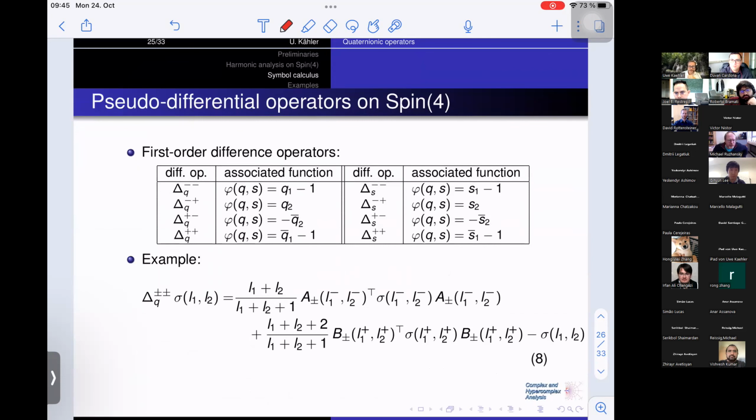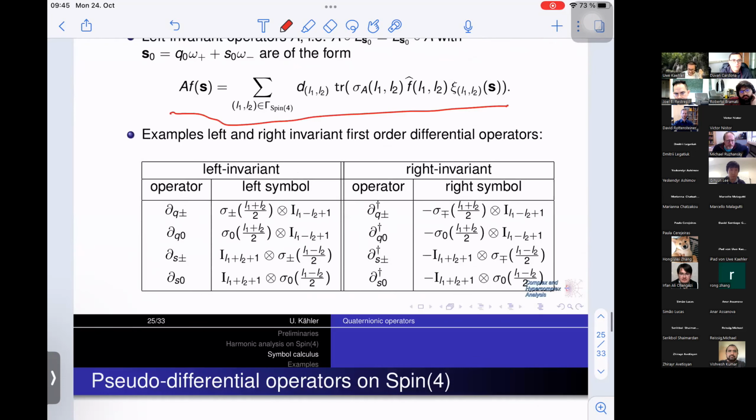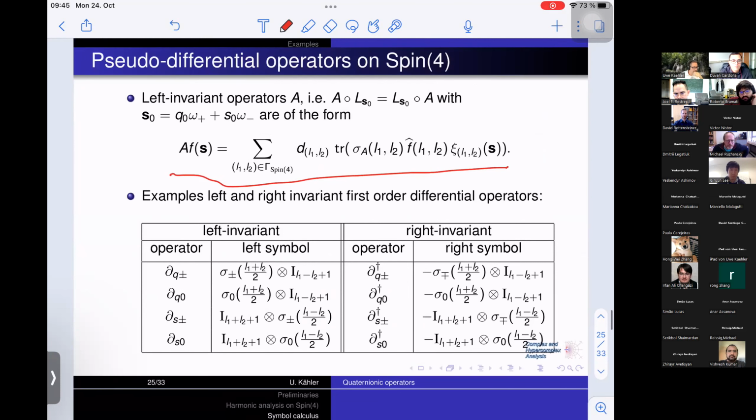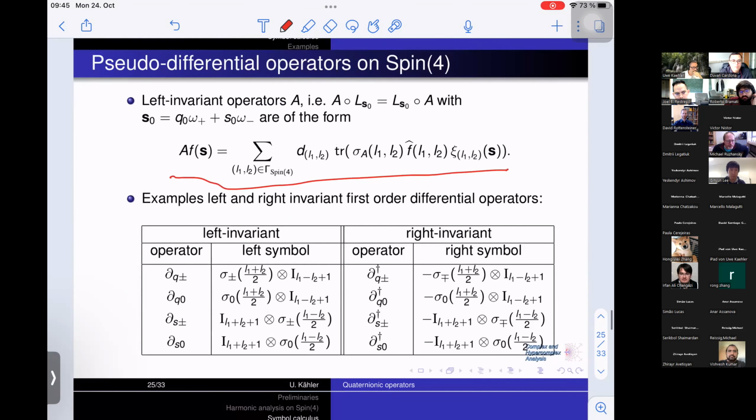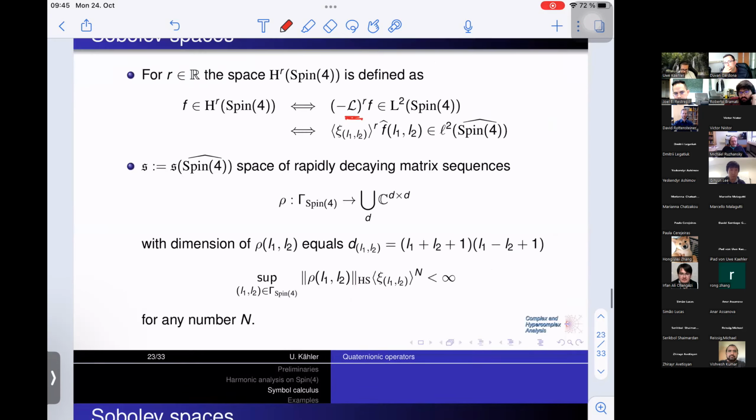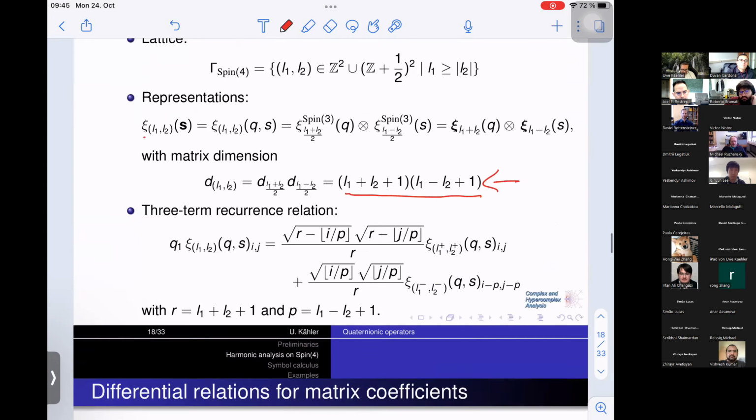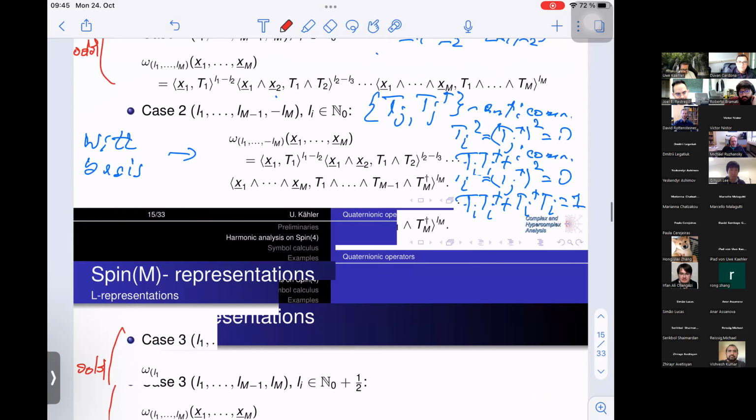Uwe, can you remind me what the sigmas are? Which sigma? The sigma in the symbol. When you write sigma plus minus I1 plus, the sigmas are the spin 3 symbols. Let me go back here.